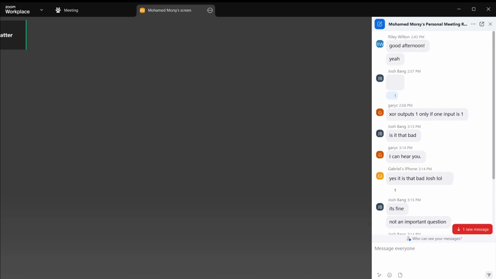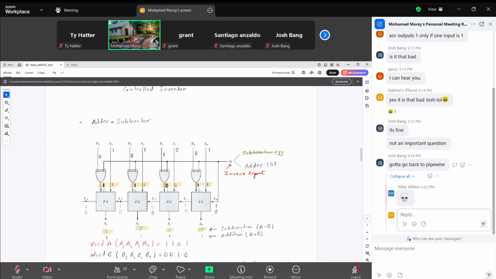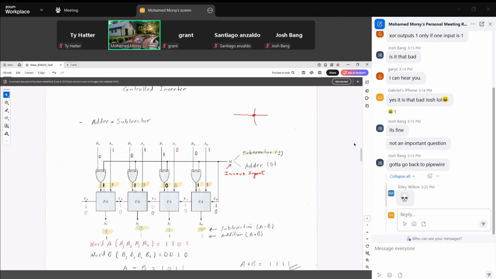Usually when we draw circuits, if we have two wires and we have a connection here, we put a node here. It means we have soldering here, so there is a connection.